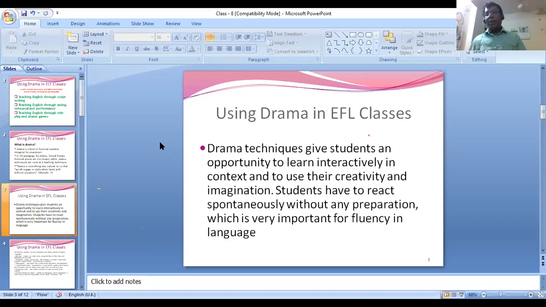Such kind of challenge will help you to be creative and to be imaginative. A person who is creative can learn language better. A person who is imaginative can learn a language better. You are becoming creative, you are becoming imaginative, and you are talking there. You are talking very spontaneously.